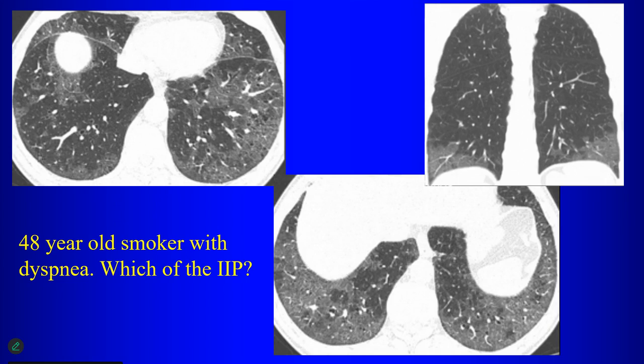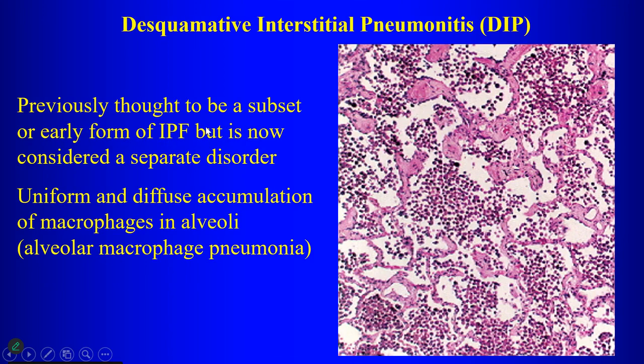So we'll talk about this much later in the course of the lecture, but now there's a proposal that will probably be officially adopted to rename the disease as alveolar macrophage pneumonia, so that the name of the disease characterizes exactly what we're talking about.